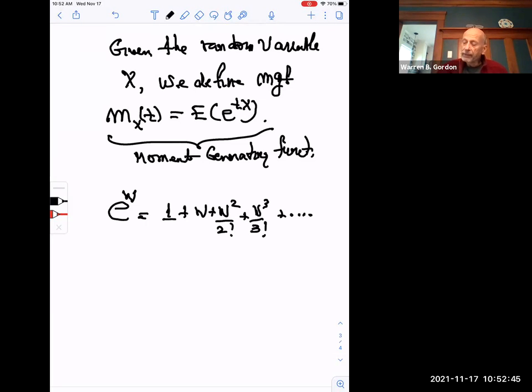And that's true for all w. This can be proven in calculus too. I'm not going to prove it now. Now, why is this useful? Well, by the way, sometimes we'll just write it this way.